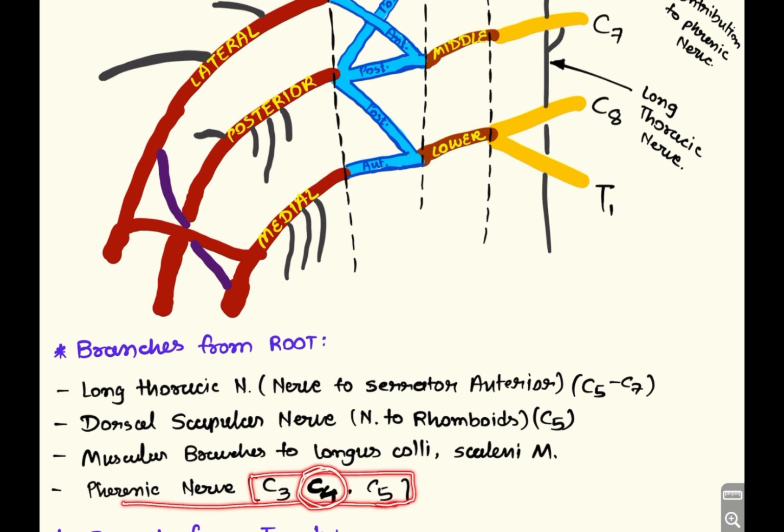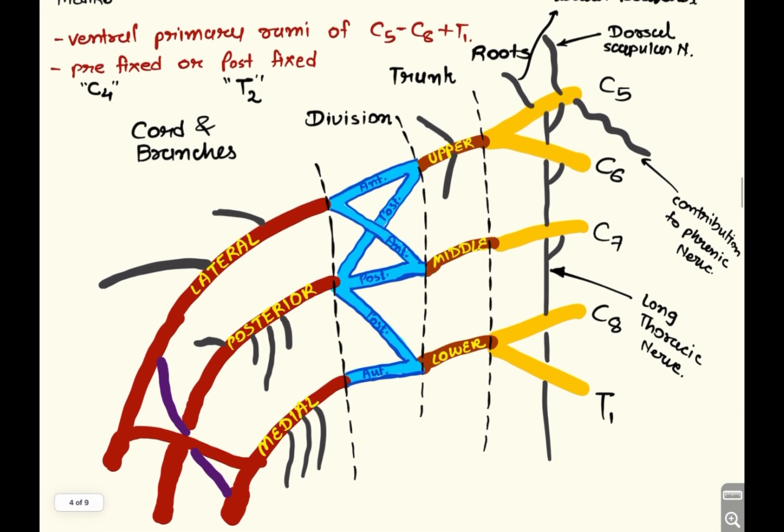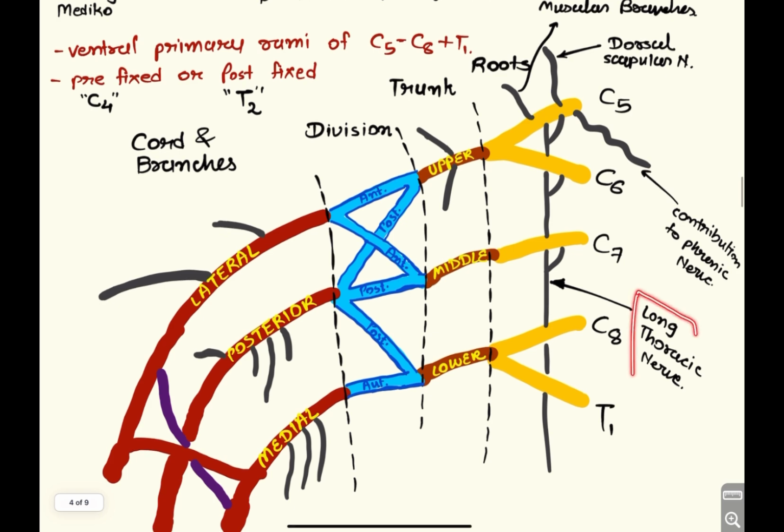Major contribution is from the C4 root, but a small contribution is also from the C5 root. So 4 branches from the roots: the long thoracic nerve, dorsal scapular nerve or nerve to rhomboids, muscular branches to longus colli and scalene, and some contribution to the phrenic nerve, right?